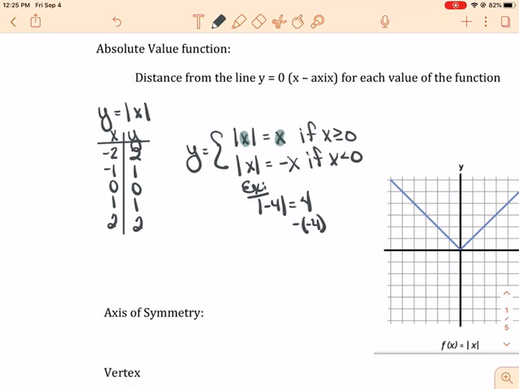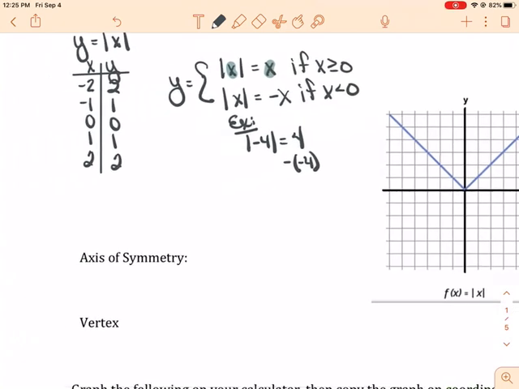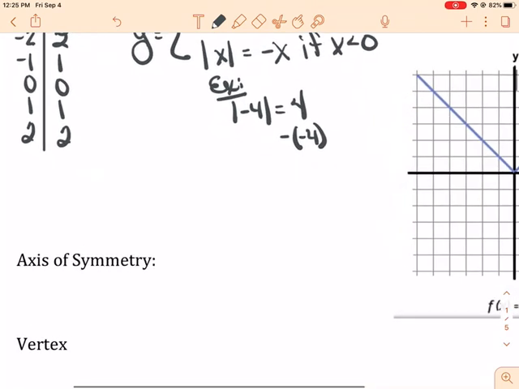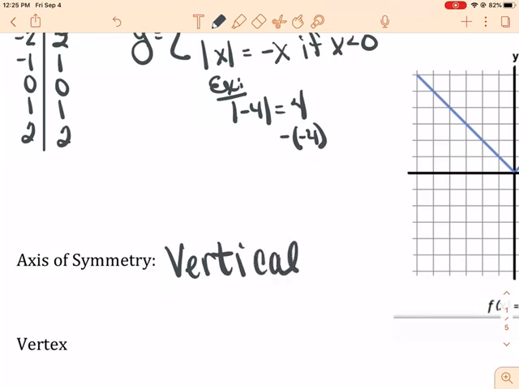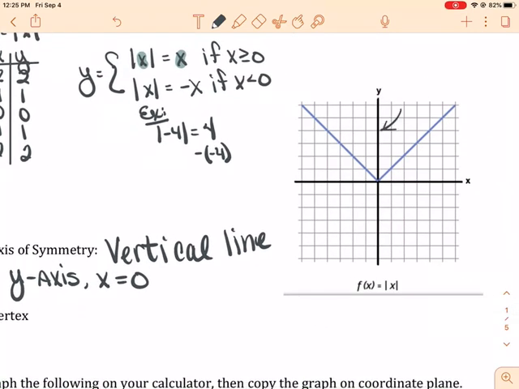Okay? All right, so in our graph, there's a couple of things that we want to be aware of. It has what is called an axis of symmetry. It is a vertical line where the graph is symmetrical on both sides. So that line happens to be the y-axis, or x equals 0. Okay, so this is the axis.